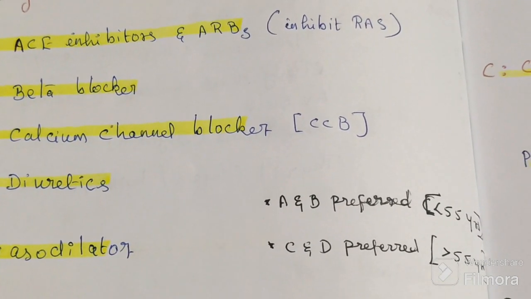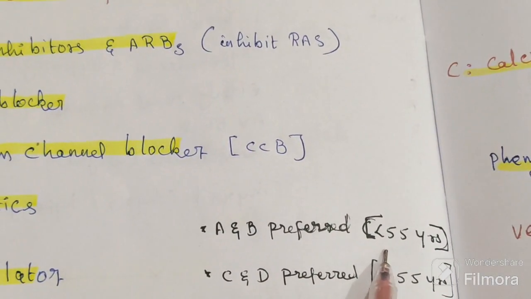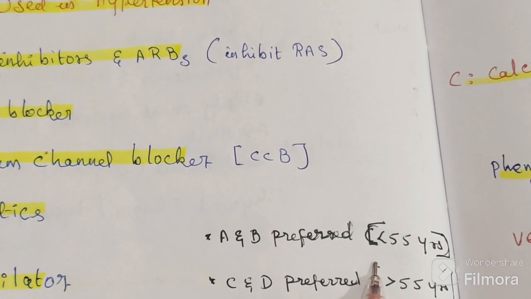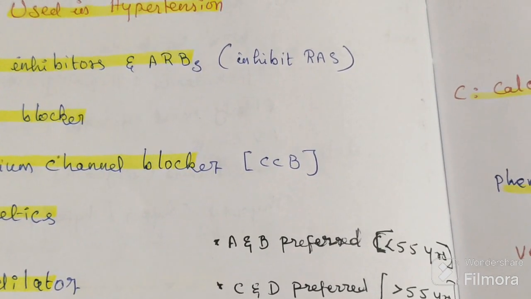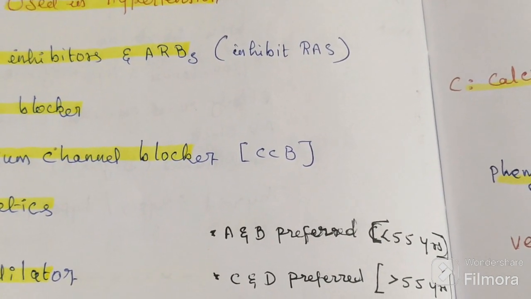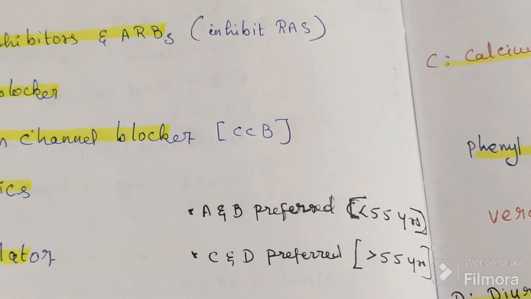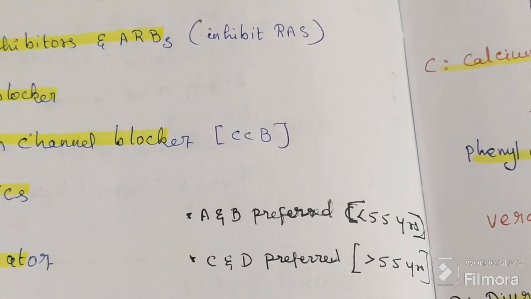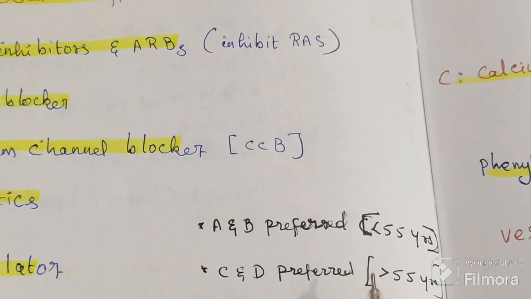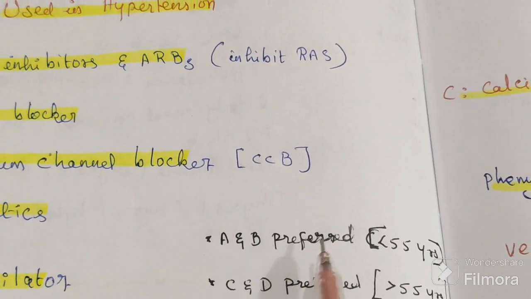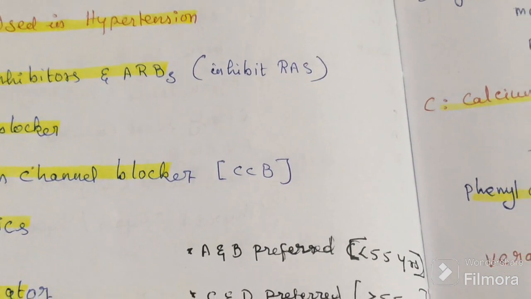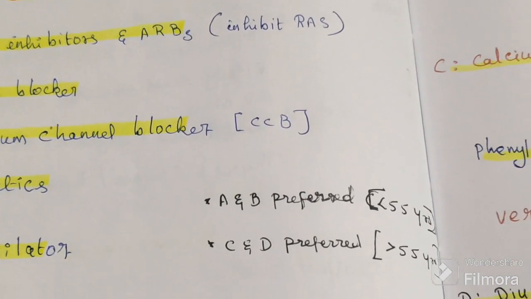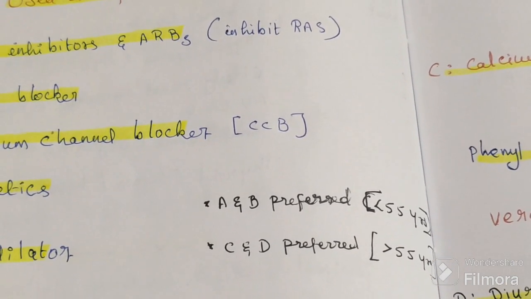If the patient is less than 55 years, start with one drug, either A or B. If the patient is older, more than 55 years, start with C or D. So always start with monotherapy. First we start with single therapy only.